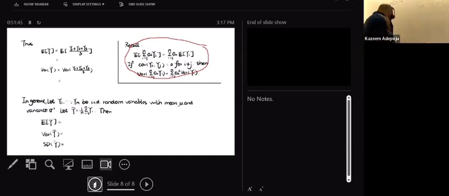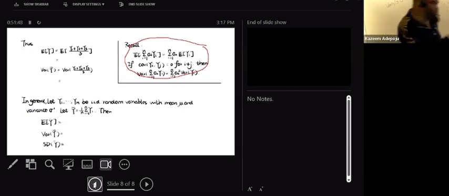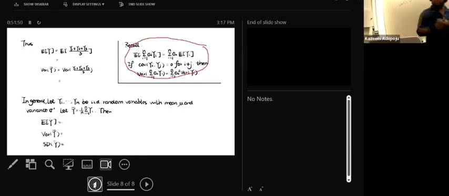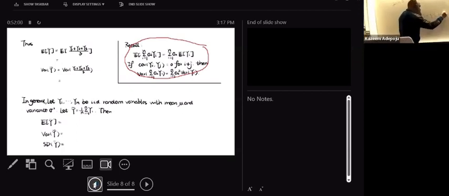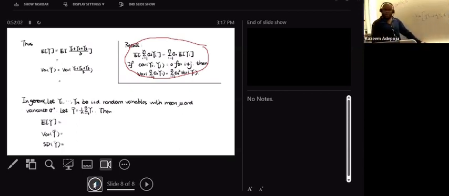Now, if we want to rewrite this in the form of a linear combination, it's just going to be 1 over 3, 1 over 3. Here they are equally weighted. So this is more or less like A1, A2, A3.